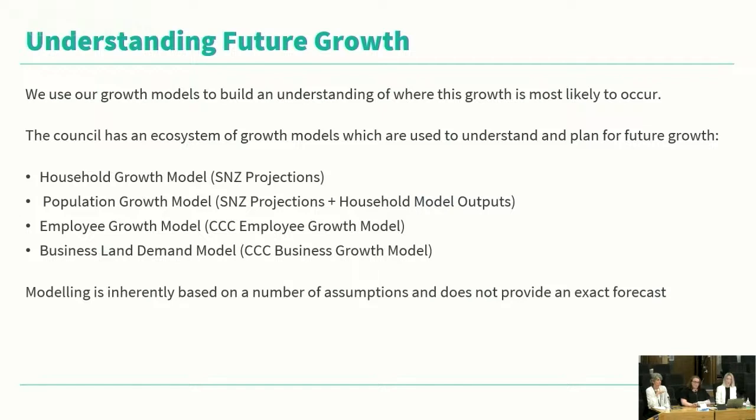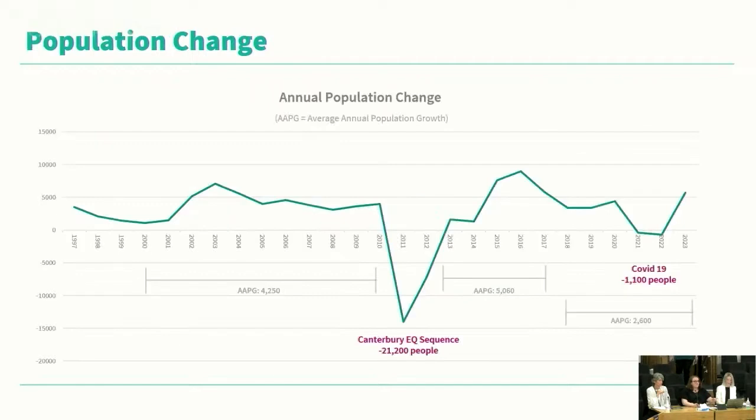It's important to remember, though, that they are models which are inherently underpinned by a number of assumptions, and our focus is on getting them as accurate as we can. And to help with that, our team is doing a lot of ongoing monitoring that I just talked about to understand what those growth trends look like.